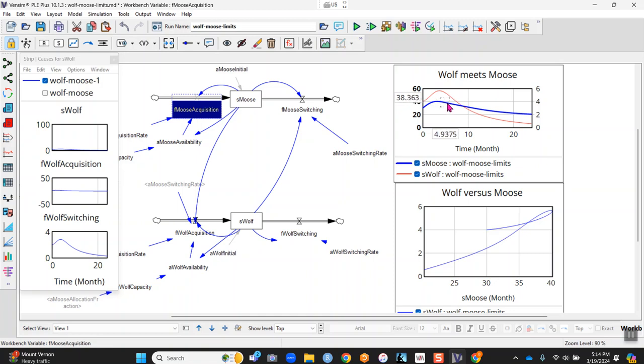As it's coming off, this is where they cross over. And this is a tipping point. A crossover like that, we would call a tipping point in the relationship between the two companies and the predation of one by the other.